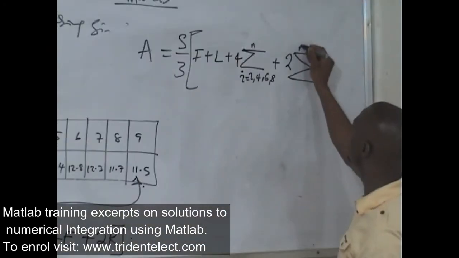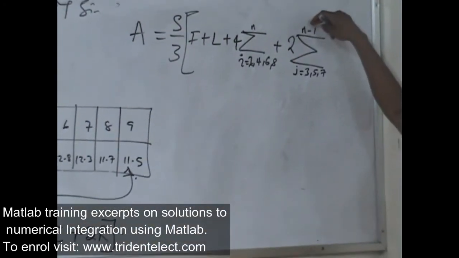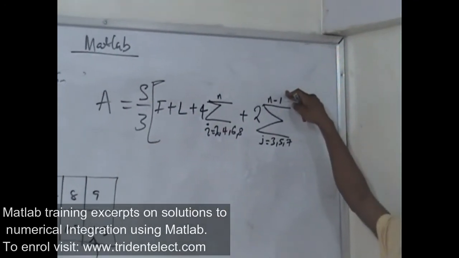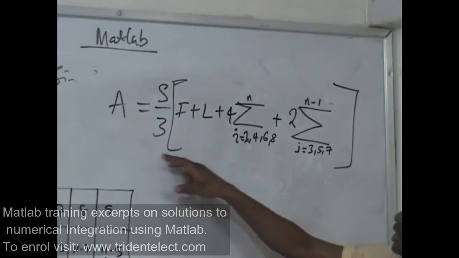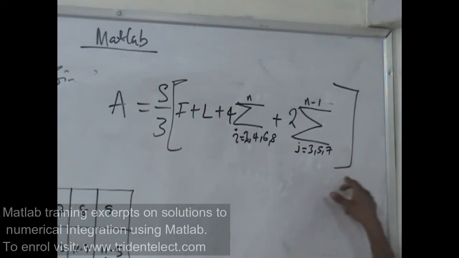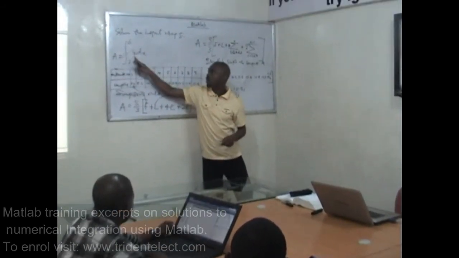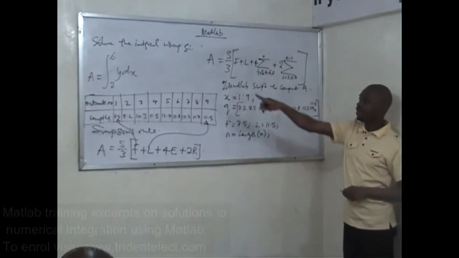Now n minus 1, because it's going to start from when n is 4, n minus 1 is 3. When n is 5, it is 6, n minus 1 is 5. So now we want to write a Matlab program that will compute this. So your Matlab program is going to compute the integral of y dx, the area under the curve.